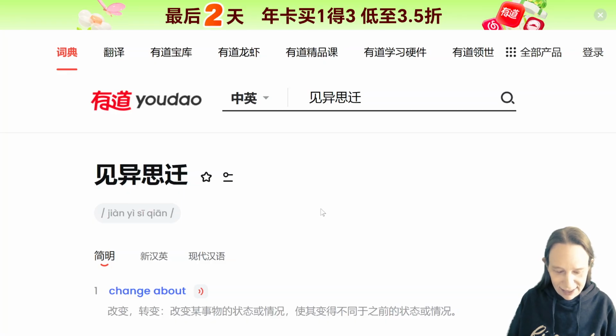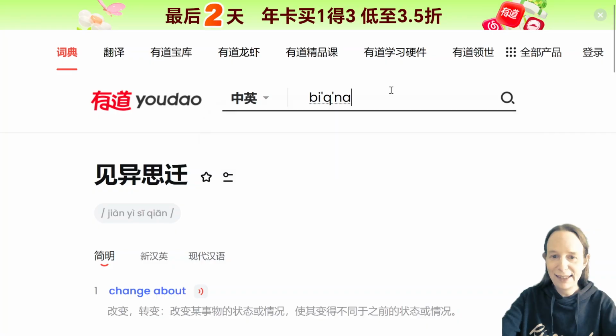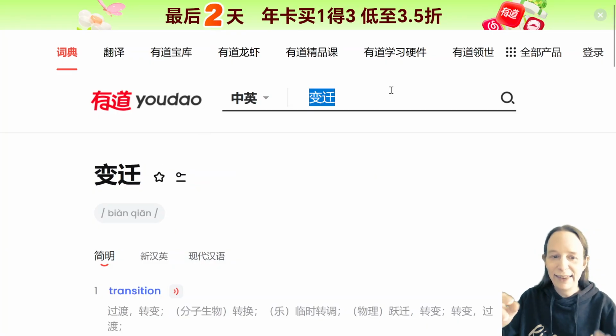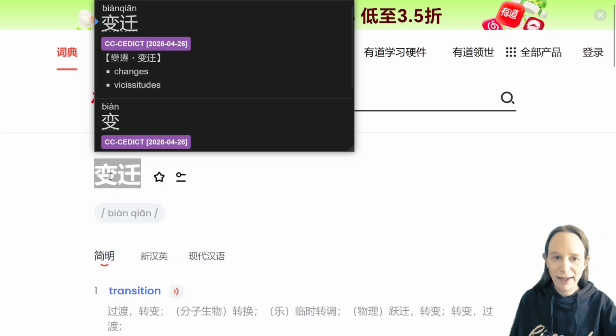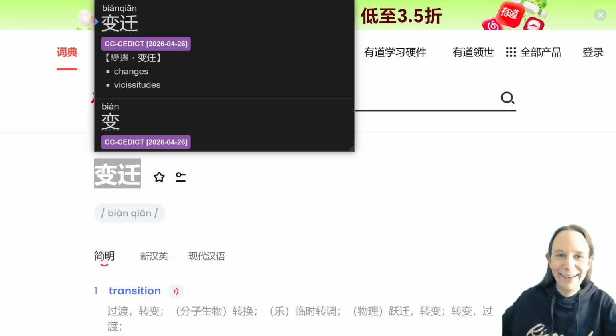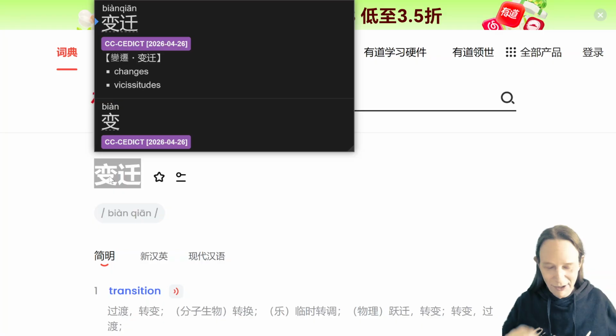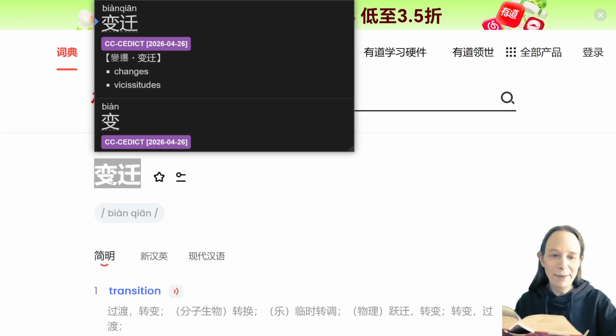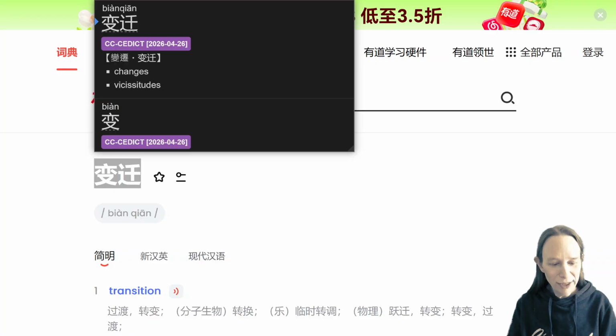All right, 变迁 we saw. 变迁, yeah, this is changes, right? Usually longer term changes, at least from my experience. I'm not 100% sure if there are exceptions, but let's not get too strict.